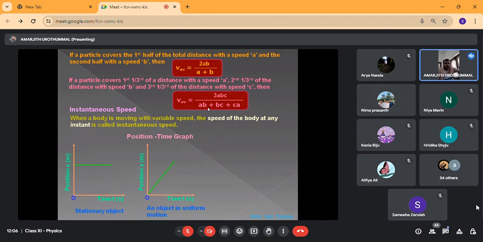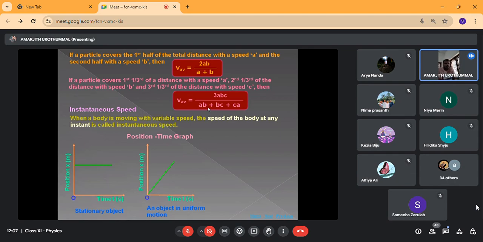Now, next one. Uniform motion. You can see here when time is increasing, the position is also increasing. According to the time, the position is changing.